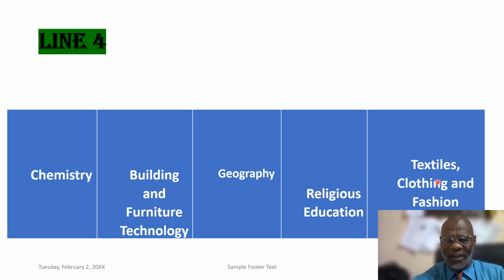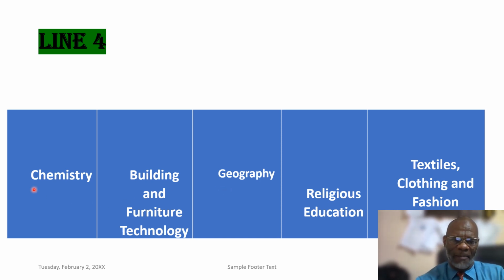textiles, clothing, and fashion. Now, one of the things that you have to look at and what we encourage students to do as well, if you notice that there are two subjects in a line that you want to do, you can say that to your guidance counselor, or you can say to me, and then depending on the number of students who want to do a particular subject in a band.